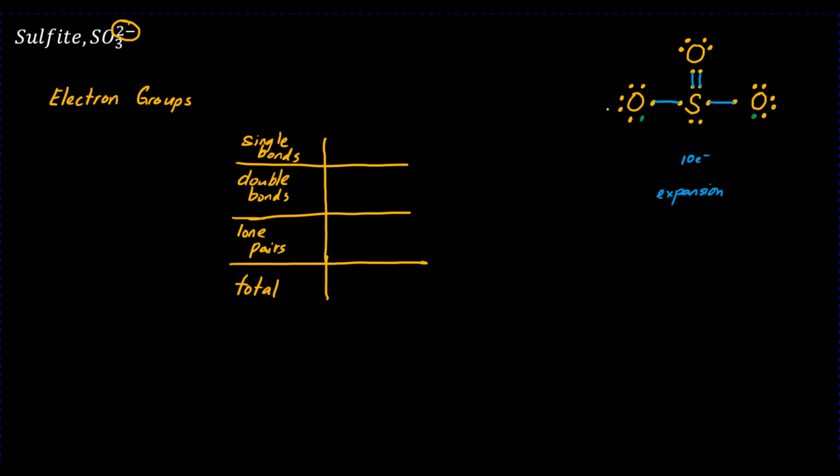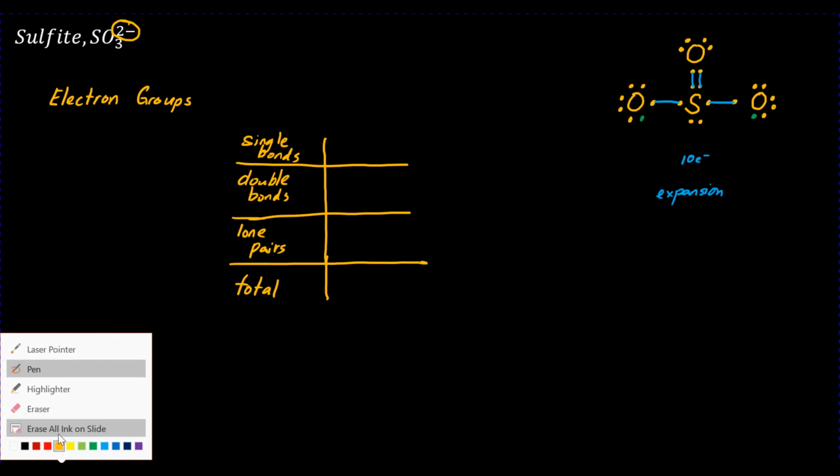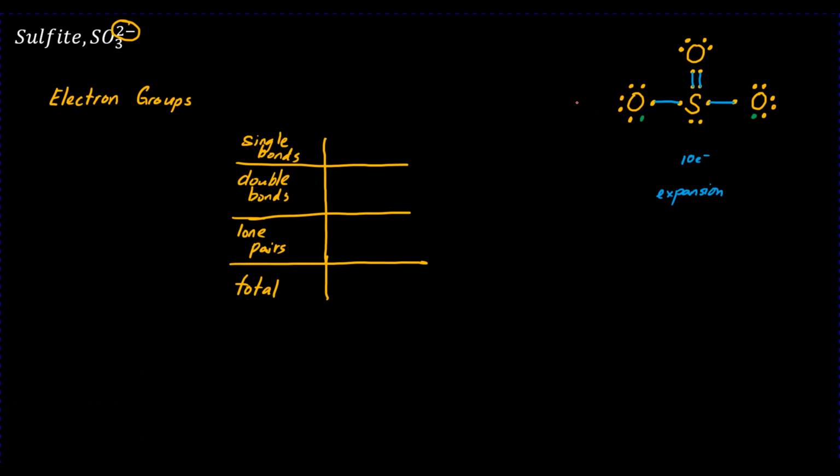So for this structure, single bonds, 2. Double bonds, here, 1 double bond. Lone pairs, 1. How many electron groups?